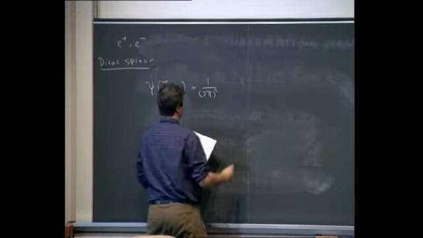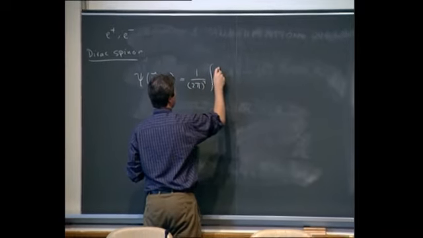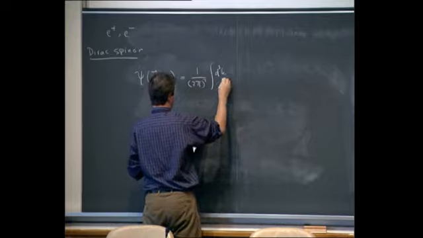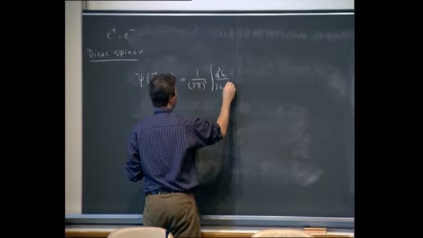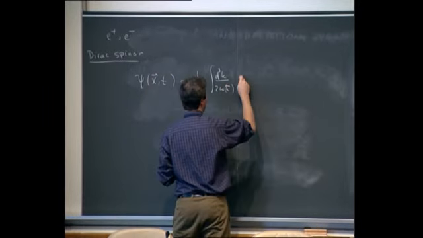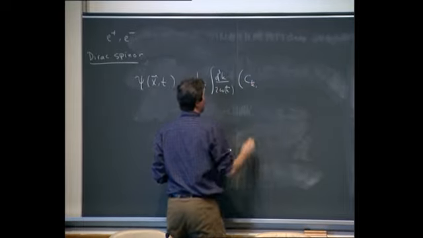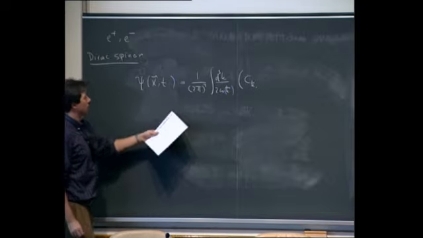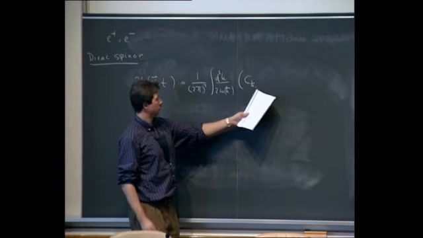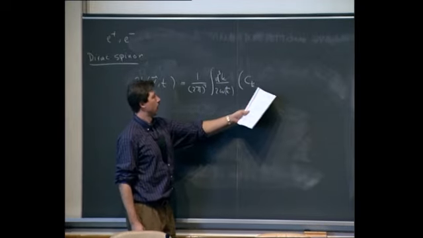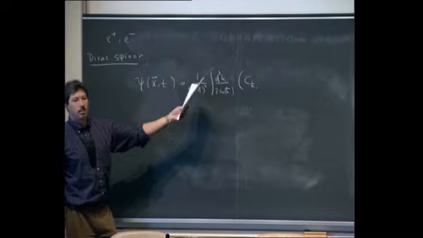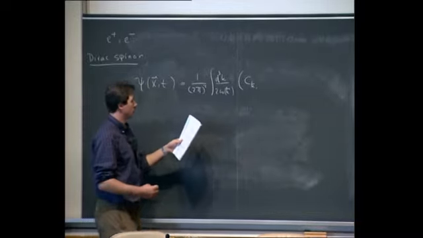plane waves with creation and annihilation operators. But now we get creation operators which create particles with a certain momentum, but also with a certain spin. So I have to indicate which particle I create, whether it's spin up or spin down.